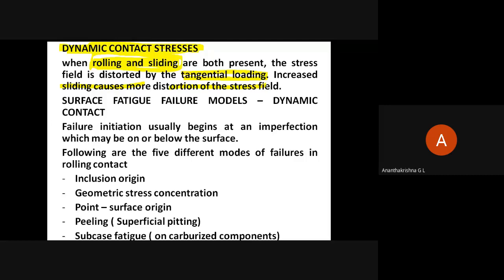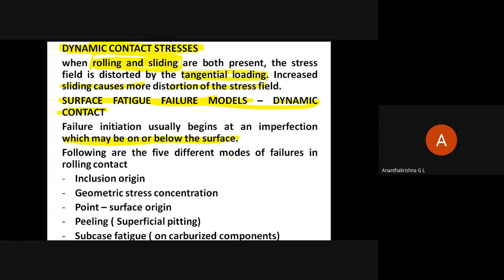Now let's look at the surface fatigue failure models, which is all about dynamic contact. Failure initiation normally begins at an imperfection, which may be on or below the surface.